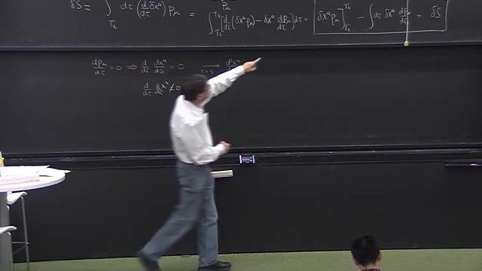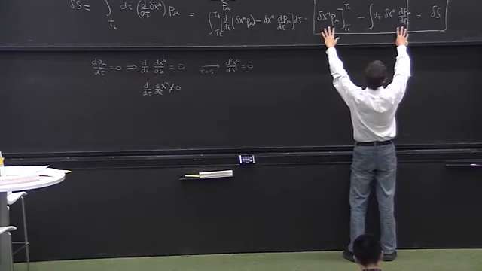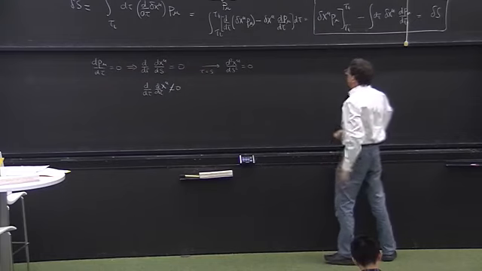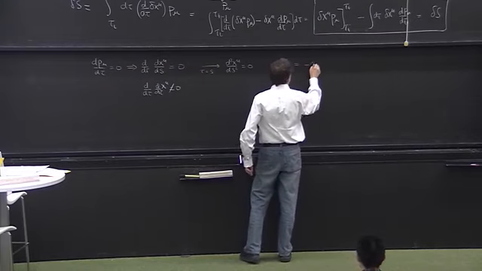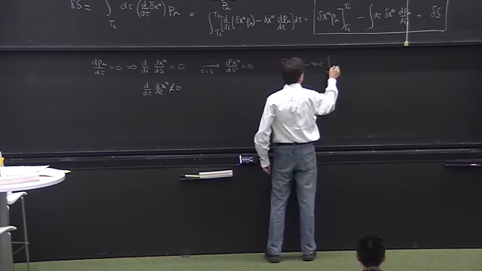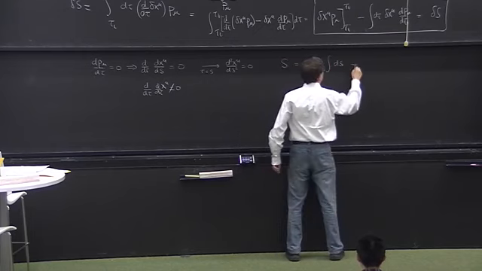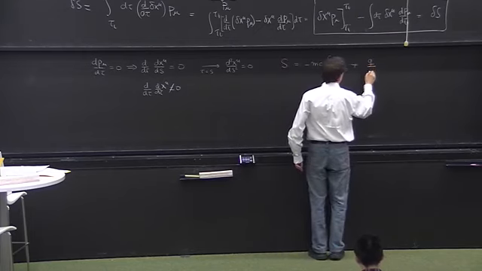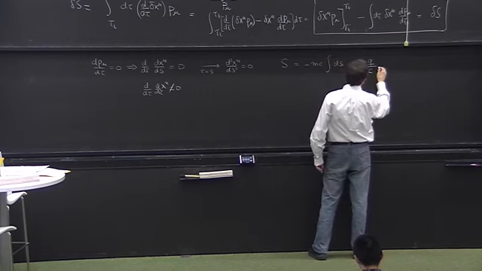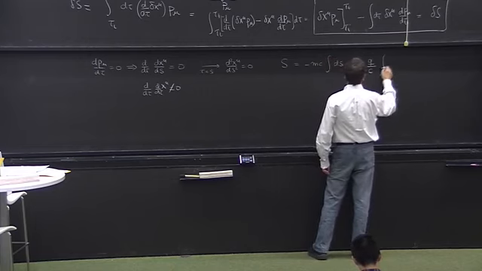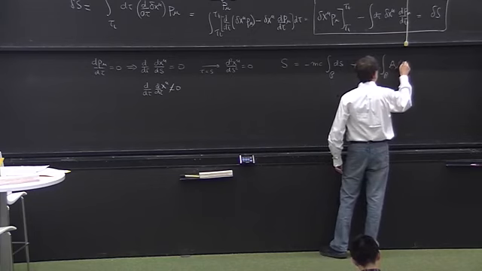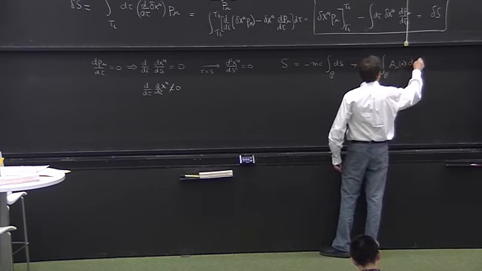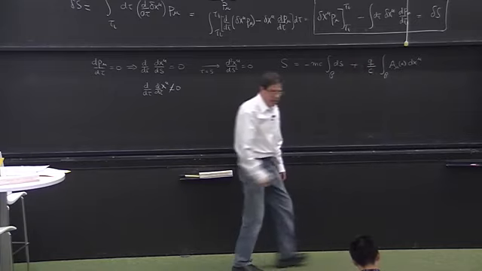The reason this formula is very useful is that, as I mentioned last time, if you have a particle coupled to an electromagnetic field, the thing that you have to add is Q over C, integral over the path of the potential in this way.